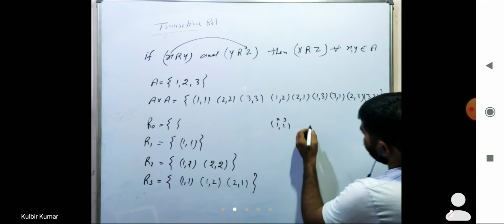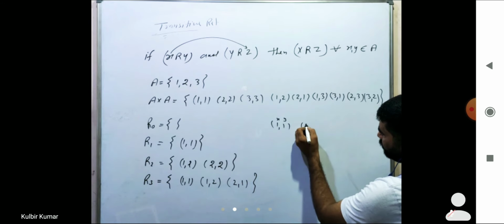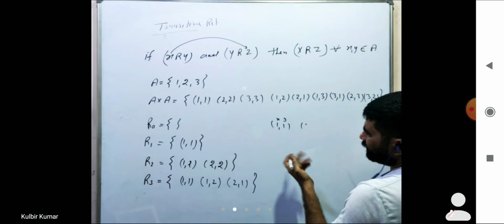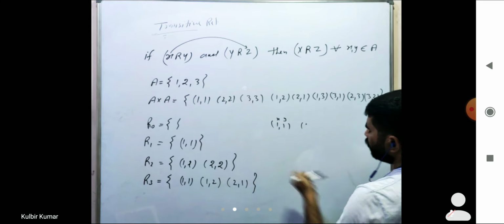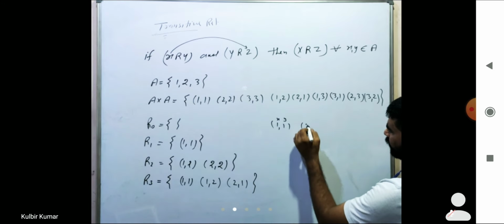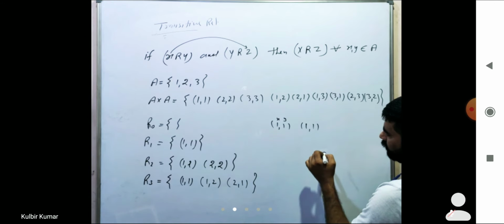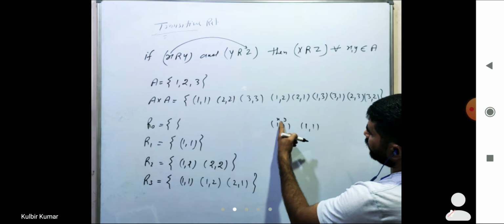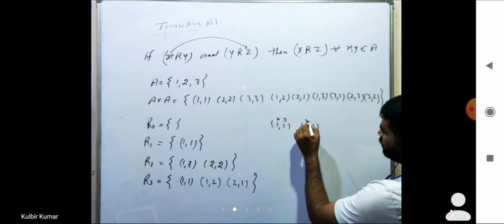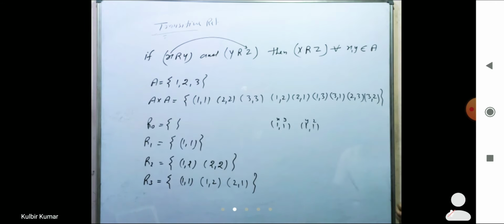If it is x, it is y, then if we write this one reverse, or another thing, चलो ऐसे भी अंडरस्टैंड कर लेते हैं, 1 comma 1, this is 1 comma 1 again, then this is x comma y, then we can say this is y comma z, assume, right?